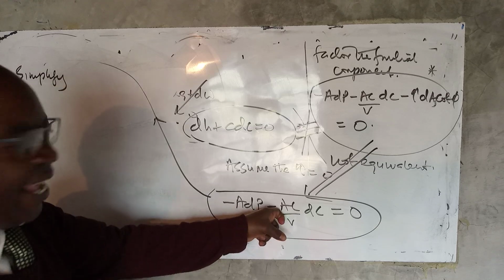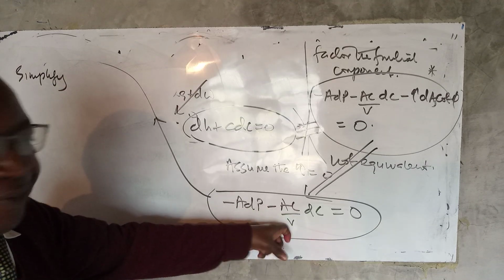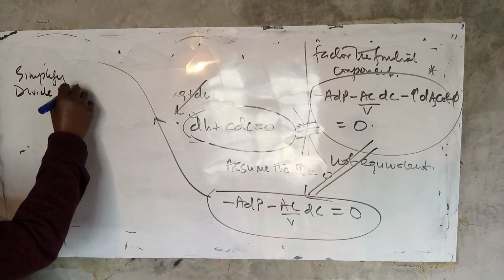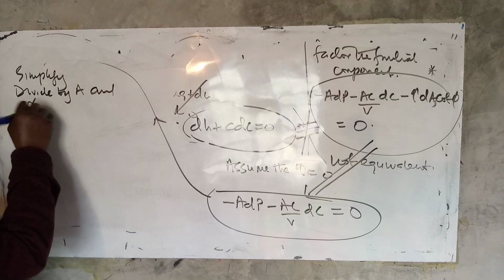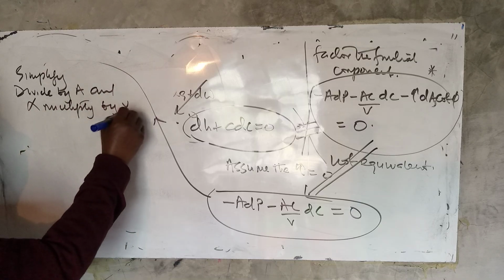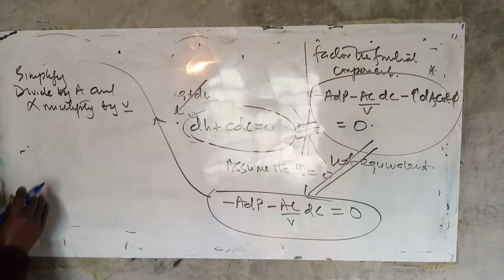We can divide by A and cross multiply by V. What do we get?